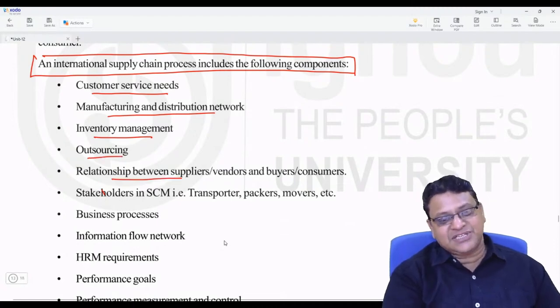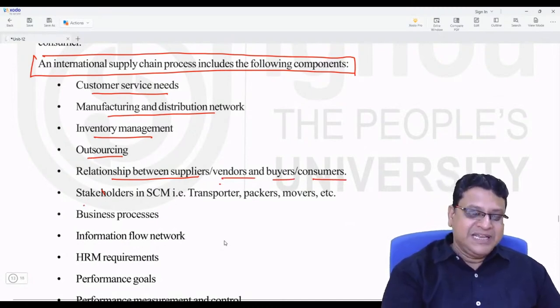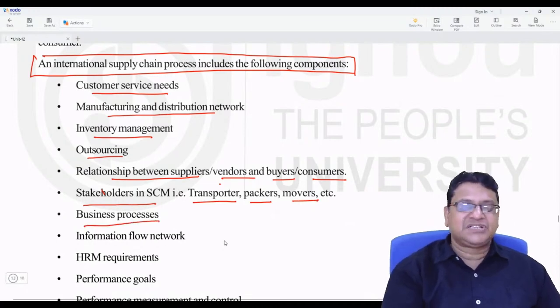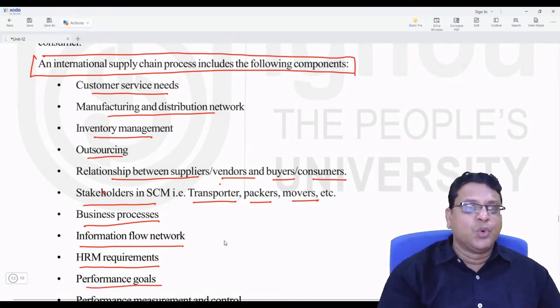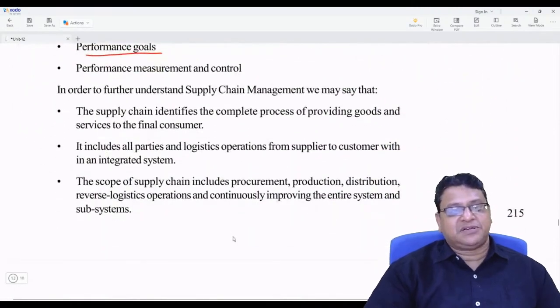We have to create relationships between suppliers, vendors, buyers, consumers. We have to create stakeholder relationships in supply chain management, that is the relationship between transporter, packer, mover, etc. We have to consider business process, information flow network, HRM requirements, and performance goals. These are certain aspects of international supply chain management.